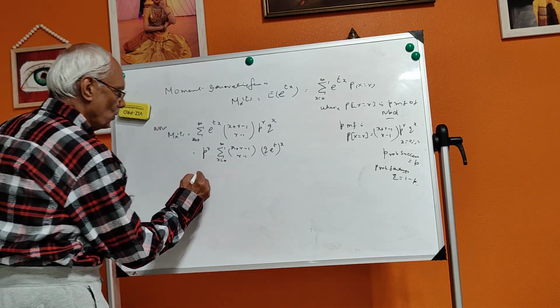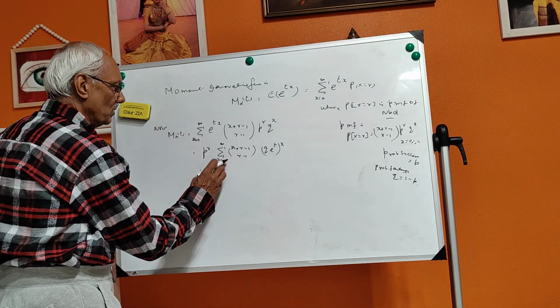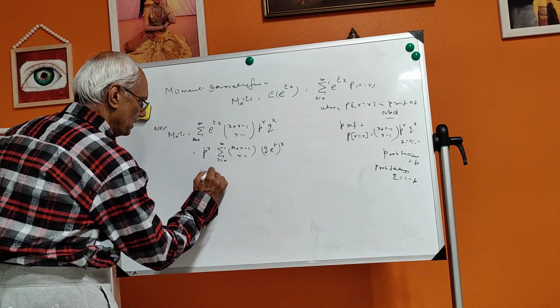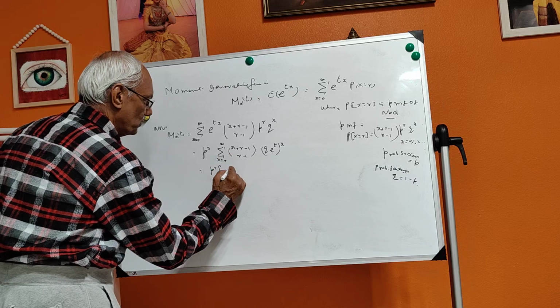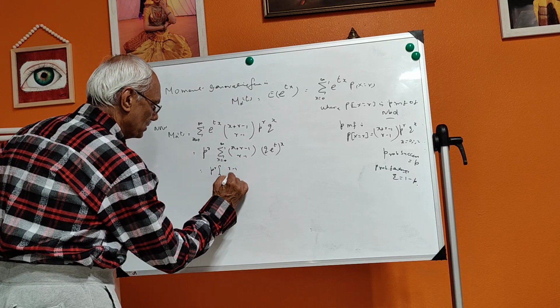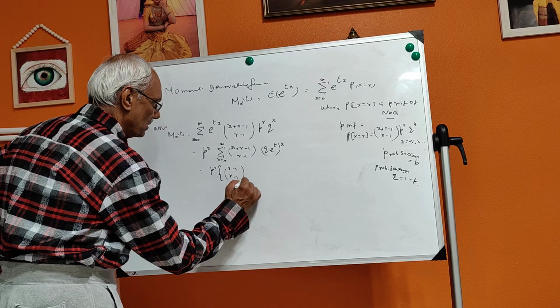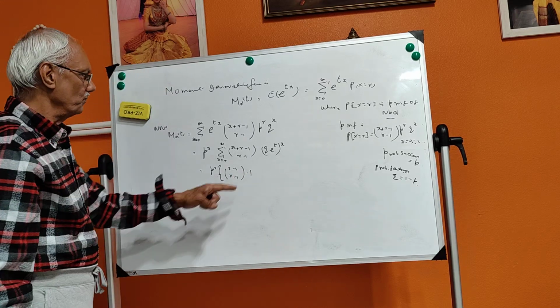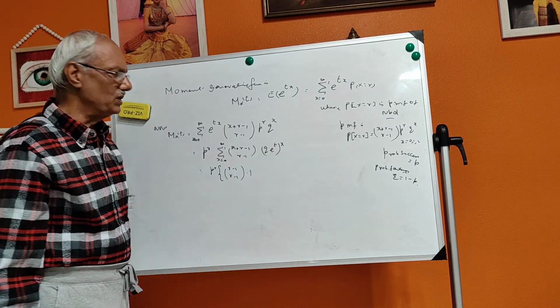So you see that when you start expanding this, put x is equal to 0, what is that you will get here? When you put x is equal to 0, you get (r - 1 choose r - 1) into 1, because anything raised to power 0 is 1.